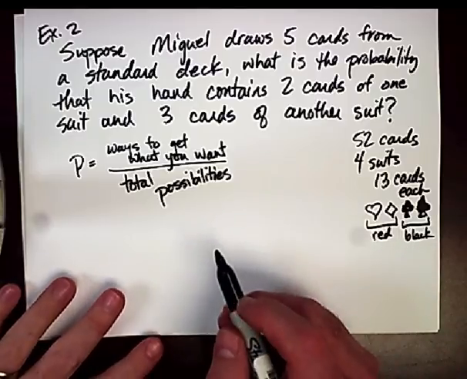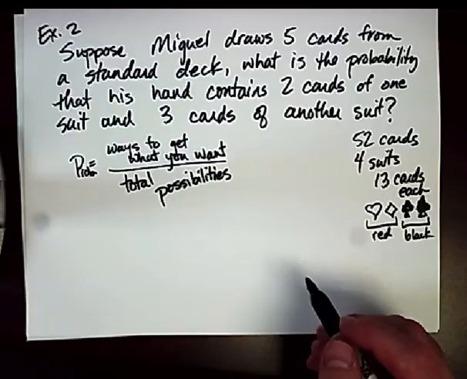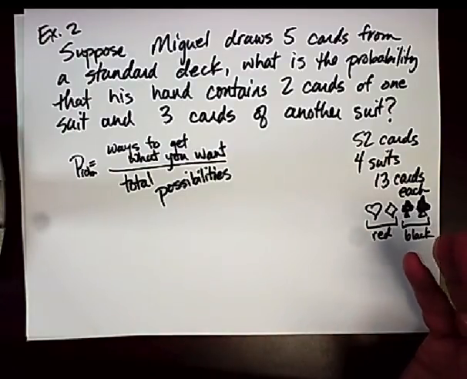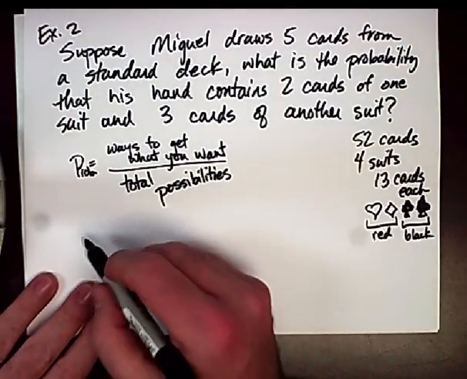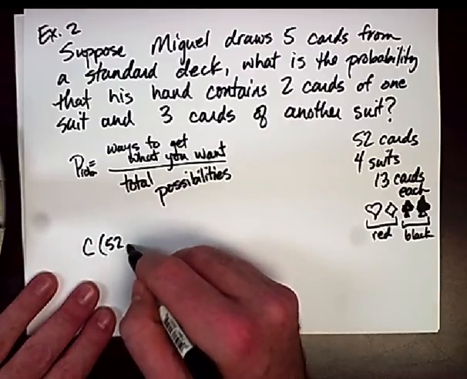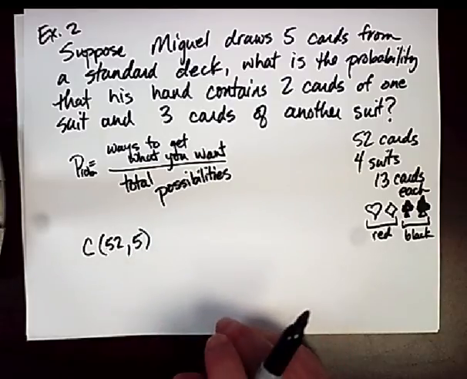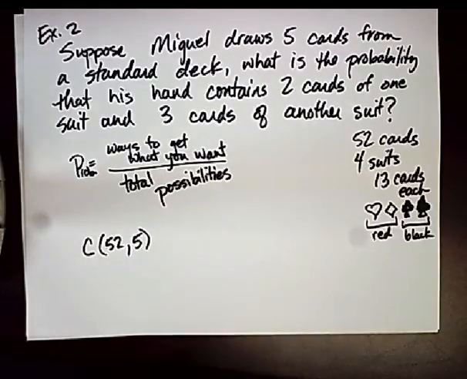Well, that is going to be a combination, because it doesn't matter what order you get the 5 cards, it would still be the same hand. So that is the combination of 52 choices, and you're going to pick 5 of them. Okay? So that's the combination of 52 choose 5.